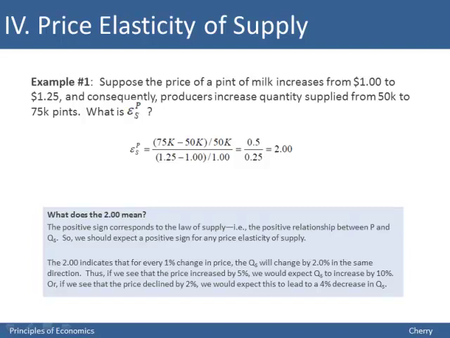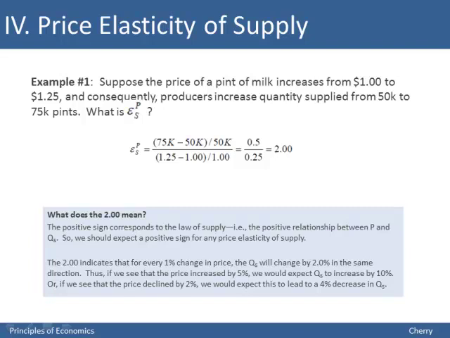But what does the 2 mean? It's interpreted the same way as the price elasticity of demand case. For every 1% change in price, in this case we have a 2% change in quantity supplied. Right? So the price elasticity of supply gives you, for every percent change in price, the percent change in quantity supplied.